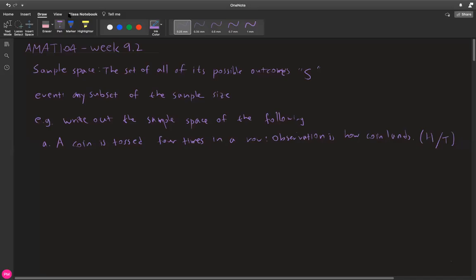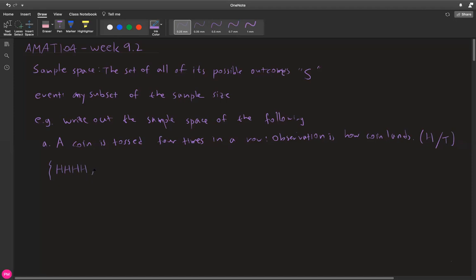So if we denote heads as H and tails as T, we can simply write the set notation first. We start with all heads, which we can get by tossing four times.